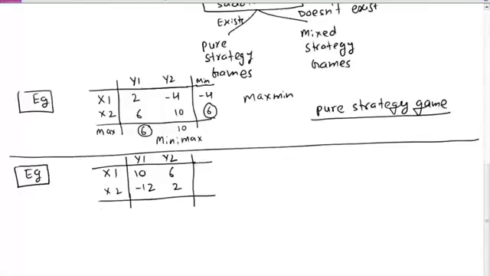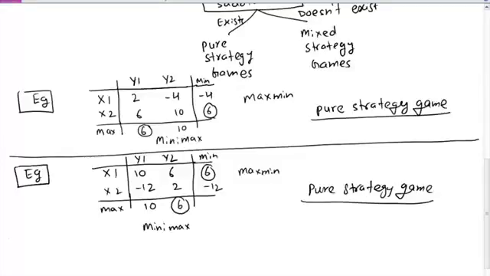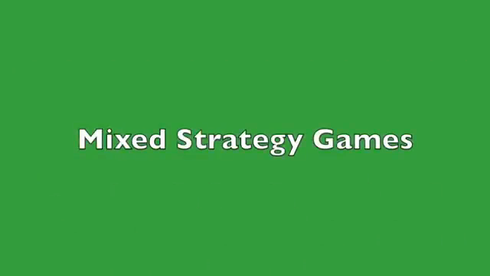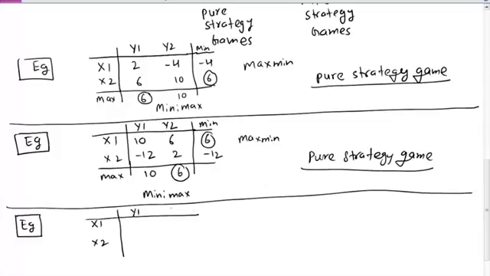So again, if you find the maximum and minimum values, you have maximum 10 and maximum 6 here, and the minimum of the two is 6 using minimax, and similarly using maximin, 6 and -12, so the maximum of the two is 6. So again we have a pure strategy game. So always only one solution will appear. So this game also favors player X.